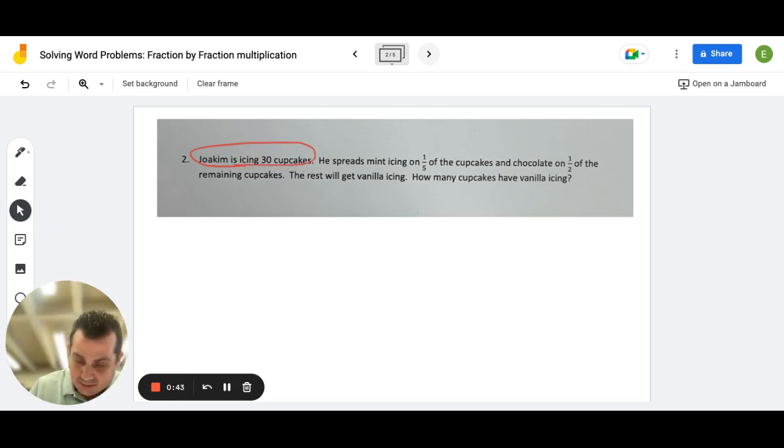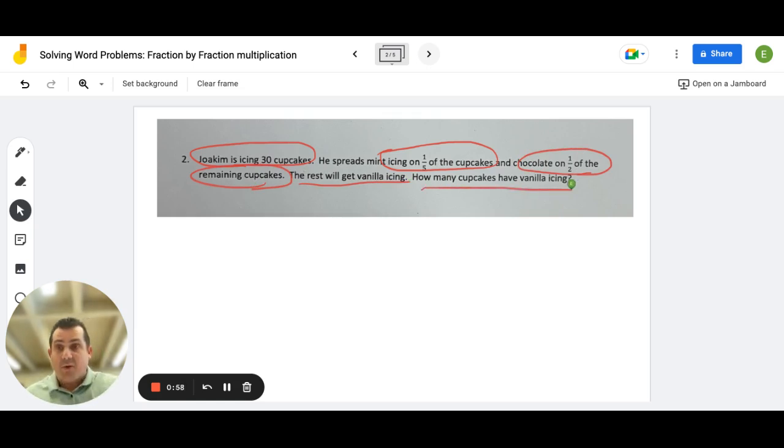He's going to spread mint icing on 1/5 of the cupcakes, chocolate on 1/2 of the remaining cupcakes, and then the rest will get vanilla icing. How many cupcakes will have vanilla icing?